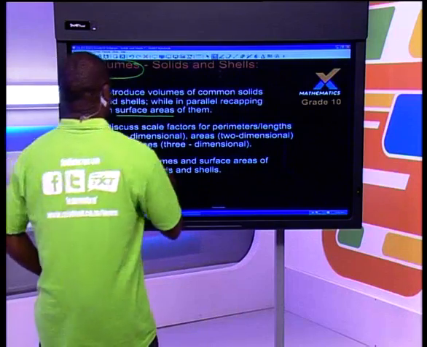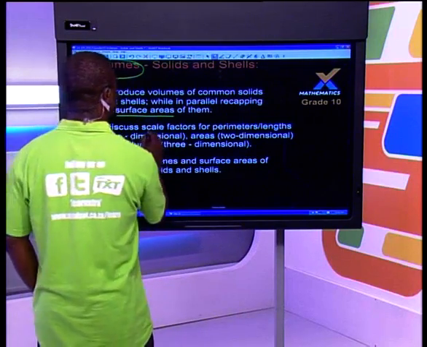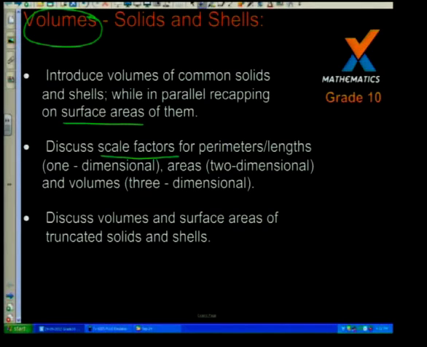I will also discuss, very important, the scale factor, as far as it affects an object one-dimensionally, two-dimensionally, and three-dimensionally. I'm talking about the length, the area, and the volume.